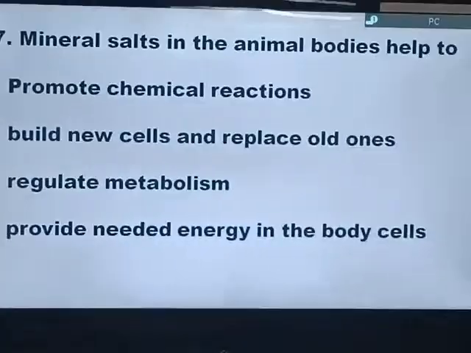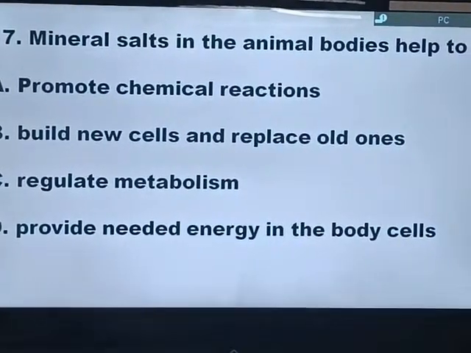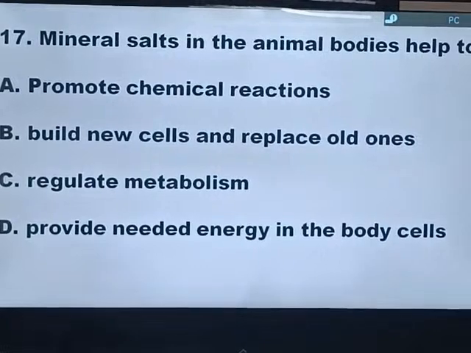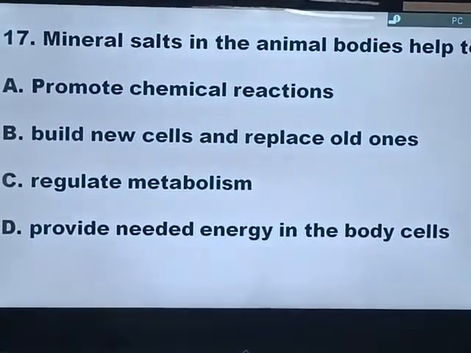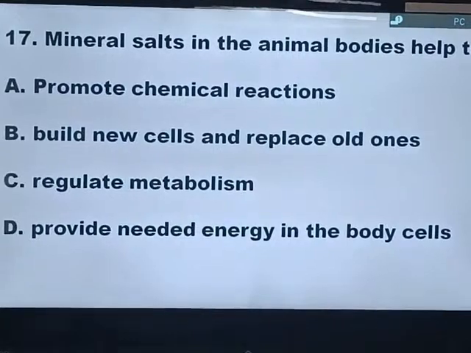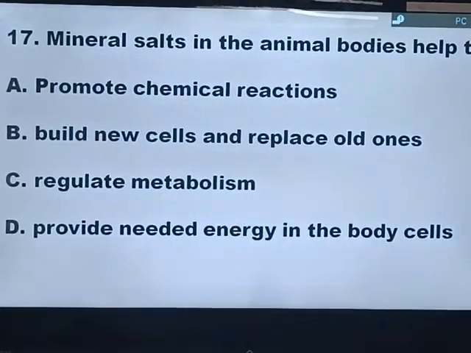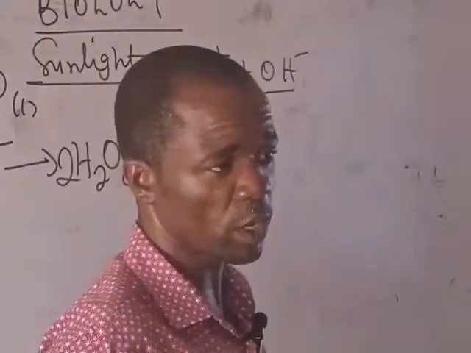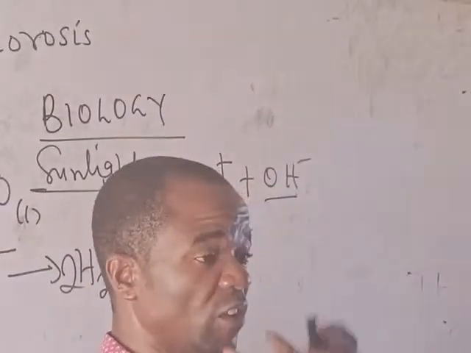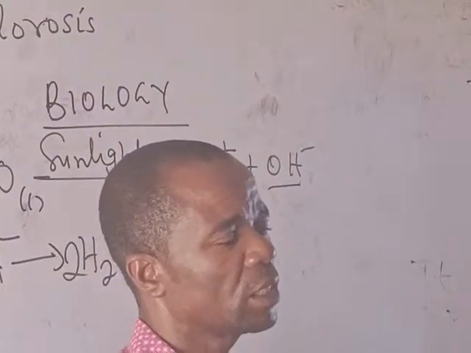What about iodine? We need iodine for the proper functioning of the thyroid gland. If it is deficient, what happens? Goiter results. What about fluorine? We need fluorine in small quantity because they help to prevent tooth decay, isn't it? What about calcium? We need calcium in large quantity actually because they are necessary for the development of healthy bone and teeth.